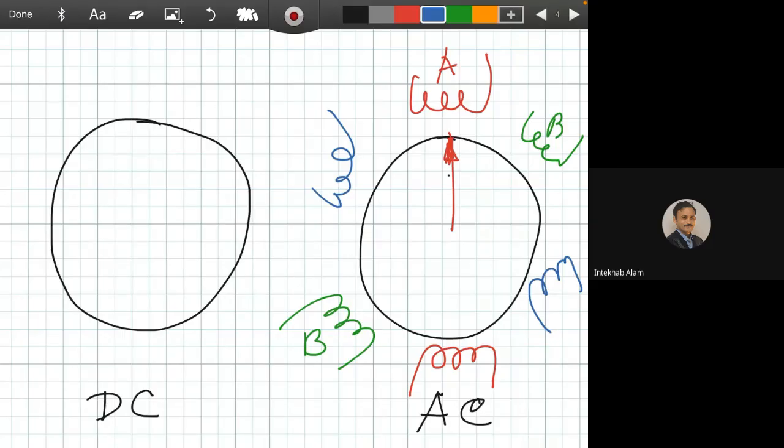Here we have used only two coils for each phase. Can you understand? We can use multiple coils also, maybe phase A with four or five coils, so the number of poles will be increased. I think this is clear.